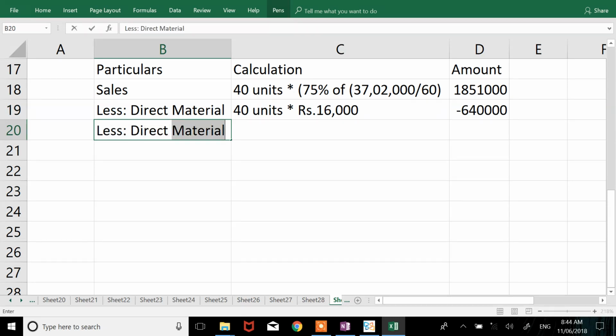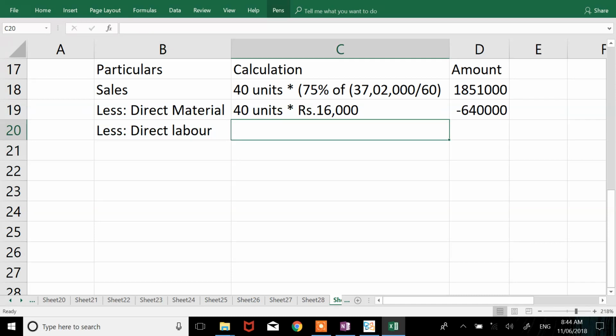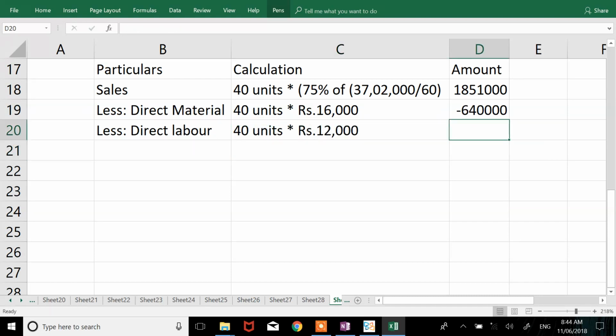Less direct labor. Again 40 into rupees 12,000. Direct labor 40 into 12,000.